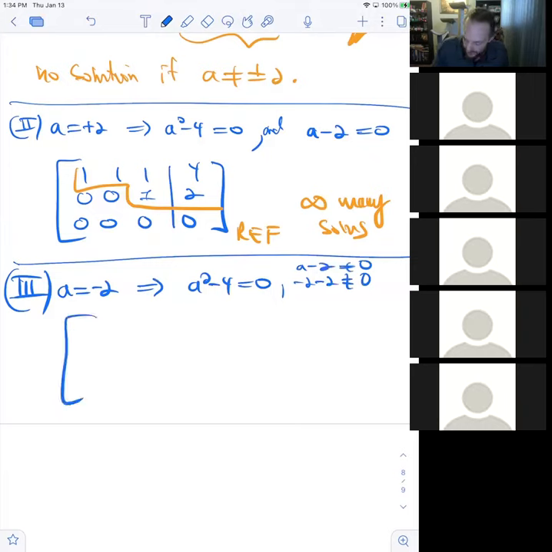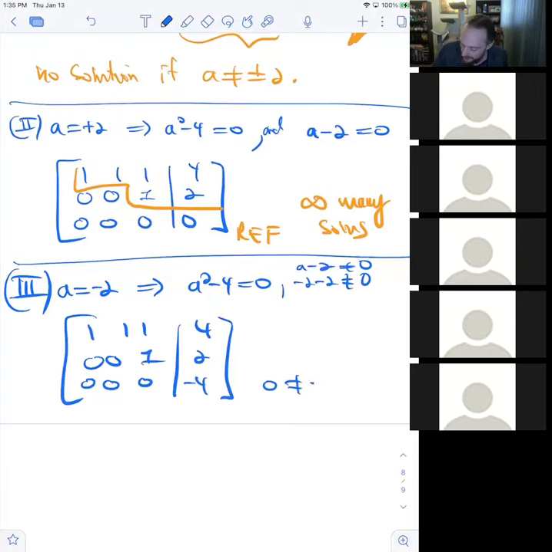So we get the augmented matrix 1, 1, 1, 4, 0, 0, 1, 2. But now this time we get 0, 0, 0 and then negative 4. So 0 does not equal negative 4. Contradiction. So no solutions.